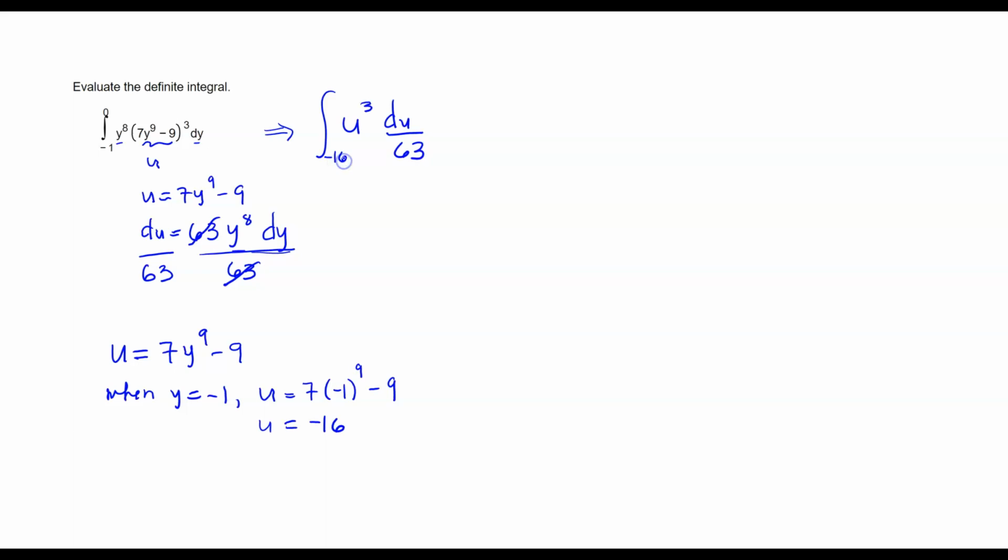So this becomes -16. Now let's look at when y is equal to 0. What is u? u is 7y to the 9th, so 0 to the 9th minus 9. So 0 minus 9 is equal to -9. So that's -9. Okay, so from -16 to -9.